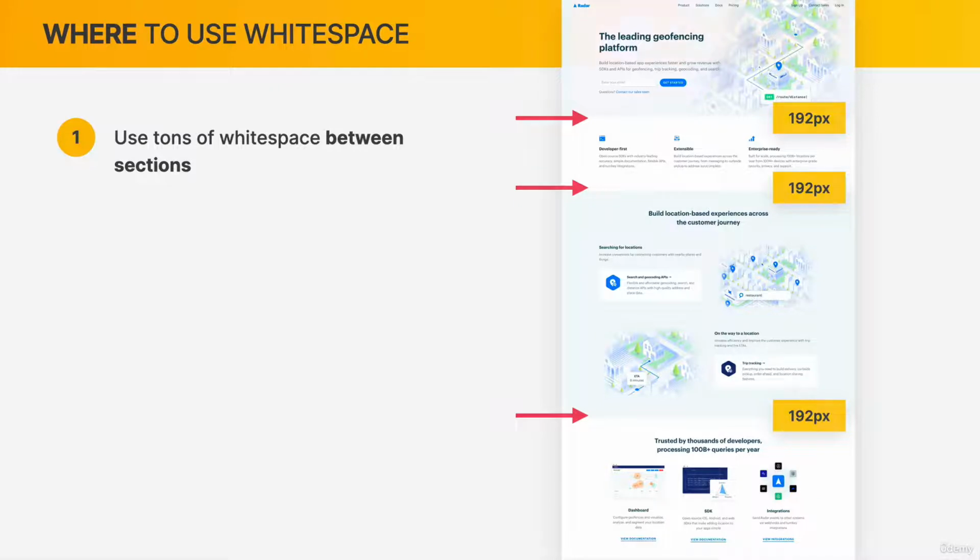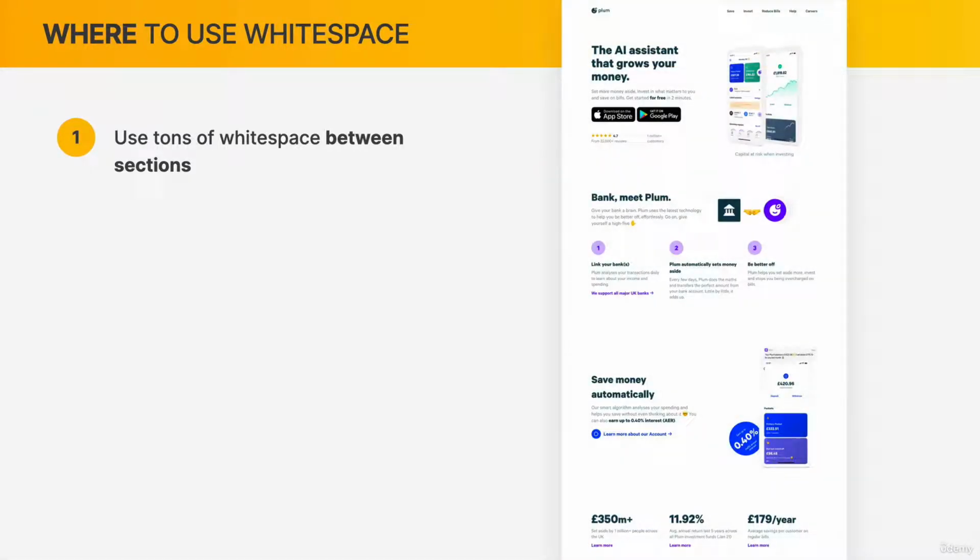And the same in this other design example here, where again there is a lot of white space between the sections. In this case it's just 140 and 160 pixels, but of course this will depend on many different aspects. You cannot just fix a number and then use that value of white space in all of your designs.